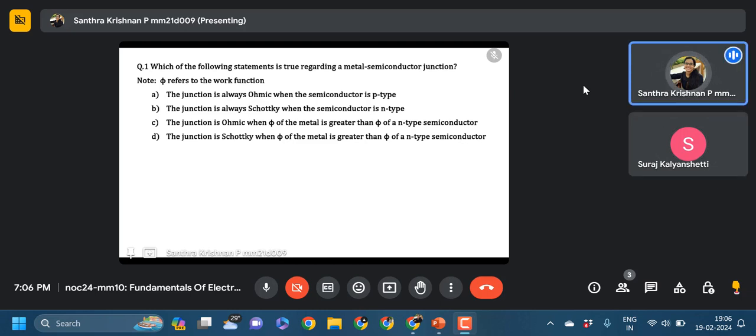You can directly say A and B are wrong, because whether it is p type or n type, it can form both. These are wrong. C is what I'm looking at. The junction is ohmic when the phi of the metal is greater than... you can check your notes, or the textbook.